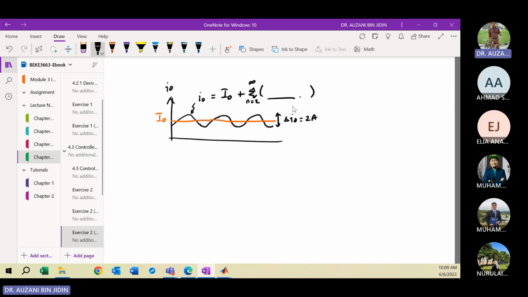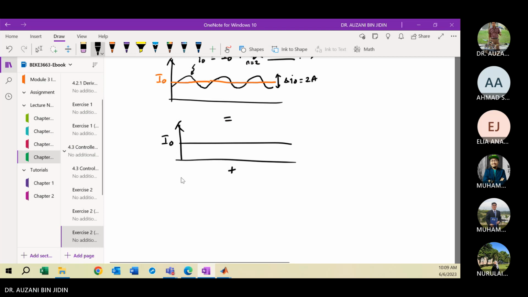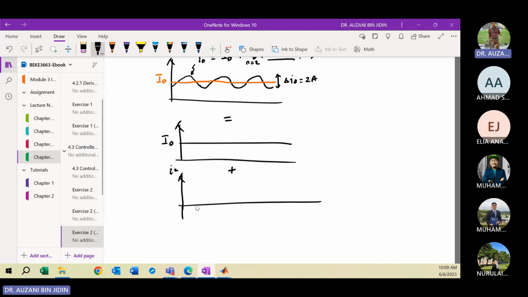Based on this Fourier series, the variation is mainly determined by the first AC term, which is I2. So IO is the summation of the average term, the DC component, plus the first AC term, I2.